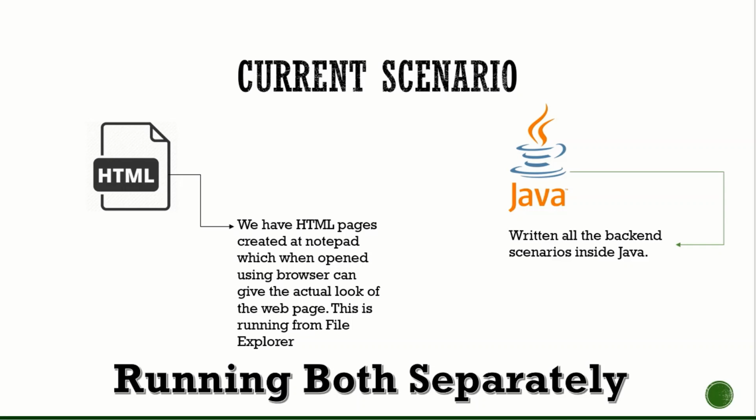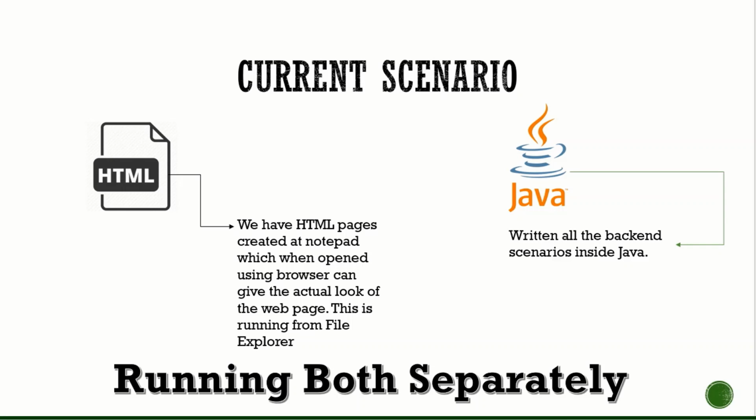Now, let's move on to the scenario. Currently, we have an HTML page which we created in Notepad++, and when opened through the file explorer in the browser, it shows the same content as a web page. So it can be opened directly.